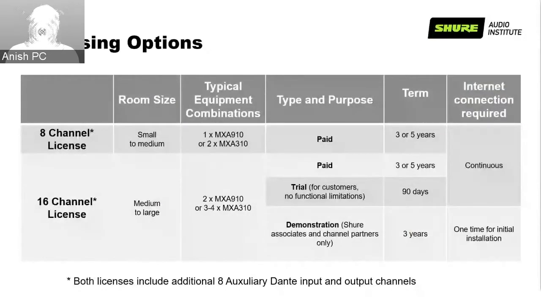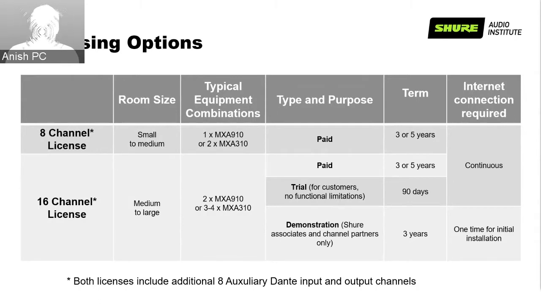There are different licensing options available for IntelliMix room. There's an 8-channel license, which is ideal for small to medium integrated rooms, and a 16-channel license option available for medium to large conference rooms. The 8 and 16-channel licenses have 3 and 5-year subscription terms, and require a continuous internet connection. The 16-channel trial licenses are also available for customers who wish to test out the IMX room.